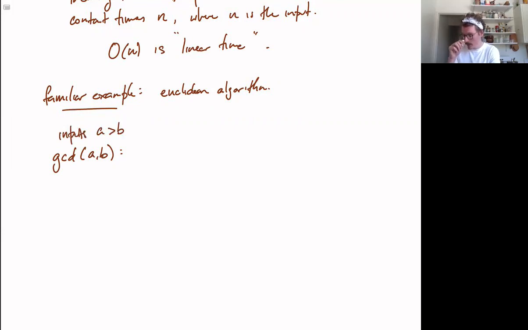So the way this algorithm works, remember the Euclidean algorithm, basically you use the division theorem repeatedly, etc. until you finally get zero remainder.